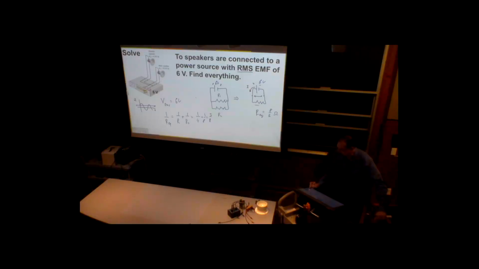Electric current through my element travels to the right. Electric current through the battery travels to the left. And electric current will be equal to this voltage, which is equal to EMF, which is equal to root mean square, RMS, which is equal to 6 divided by the equivalent resistance. So 6 times 3/8.